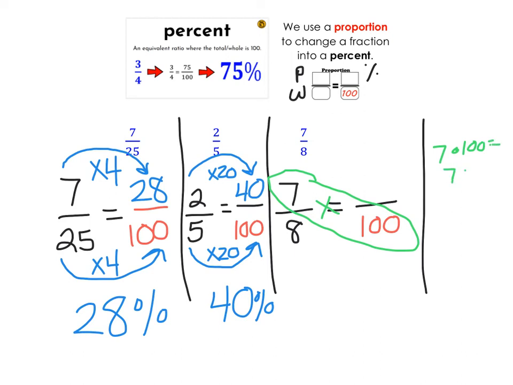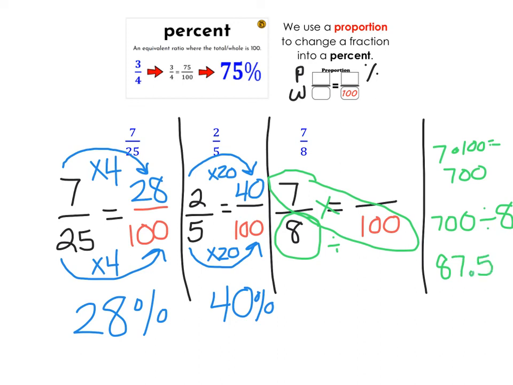is 700. Then I need to take my ball, or the other number, and we need to now divide the 700 by 8. And 700 divided by 8 equals 87.5.